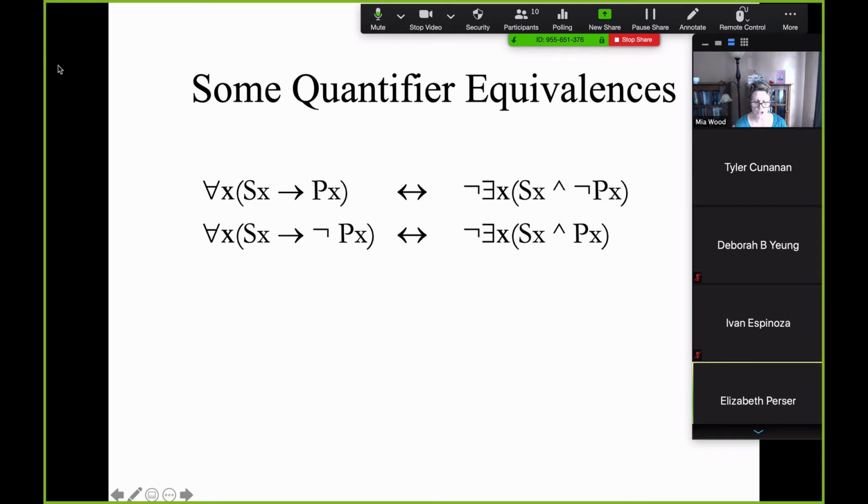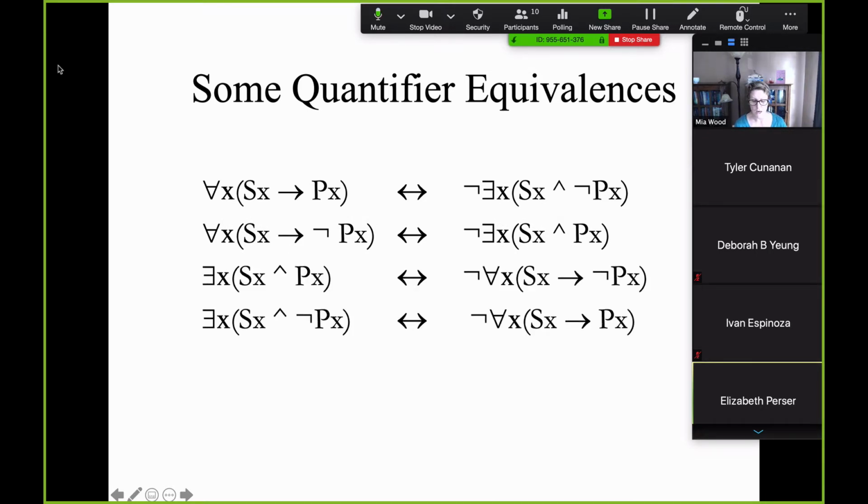And I showed you one version of equivalences where we're looking at an atomic sentence and then a literal, right? So an atomic sentence would be universal P or existential P, and then a literal would be a negation in front of or behind or both, right?